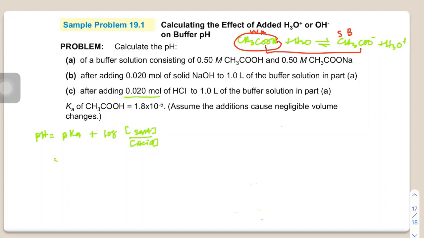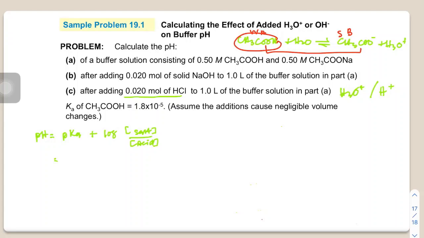What is the pH after the addition of 0.02 mole of the HCl to 1 liter of the buffer solution? So when HCl is added, we know that what is being added to the system is actually H3O plus ion or H plus. So when H plus is added to the system, this H plus will be reacted with the acetate ion.